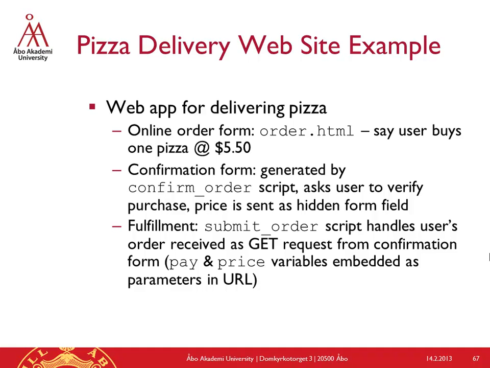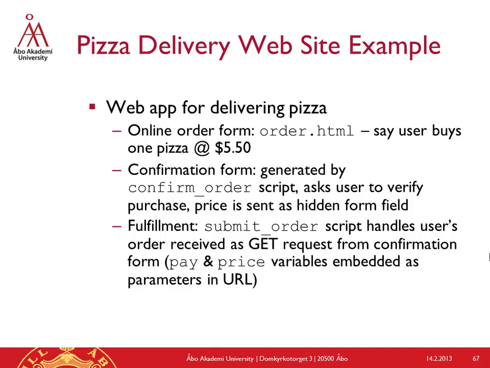This is some information we have to store connected to a particular transaction of a particular user, and this information should be connected somehow to his or her browser session. In HTTP, there is no such mechanism for keeping track of this data, so we have to implement it on our own.